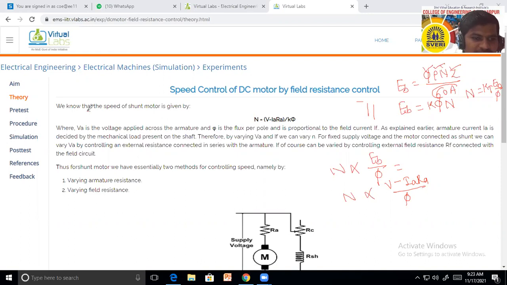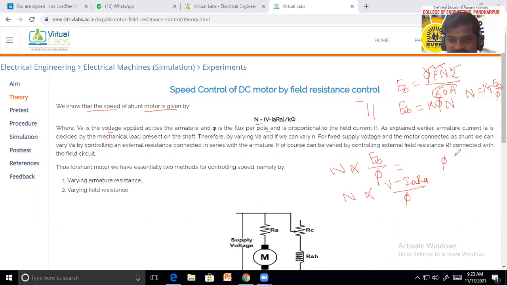See, we know that the speed of a shunt motor is given by N is equal to V minus IaRa divided by K into φ, where Va is the voltage applied across the armature, the terminal voltage. φ is nothing but flux per pole, and this φ is proportional to the field current.